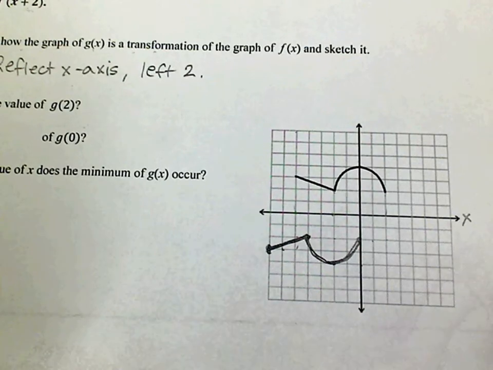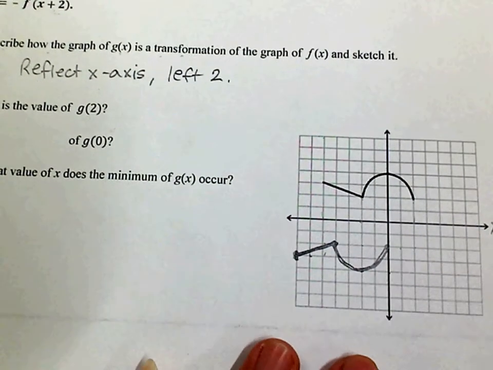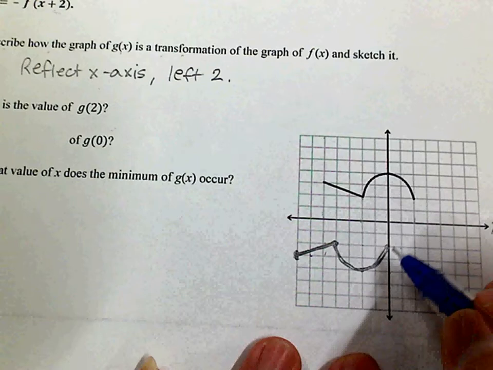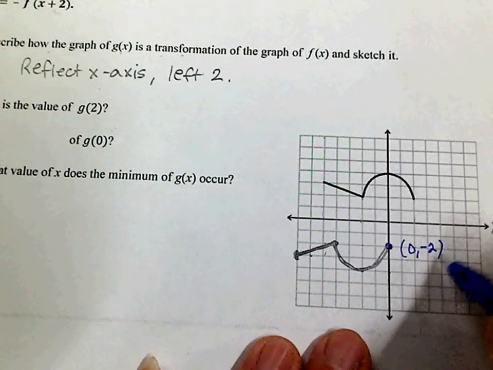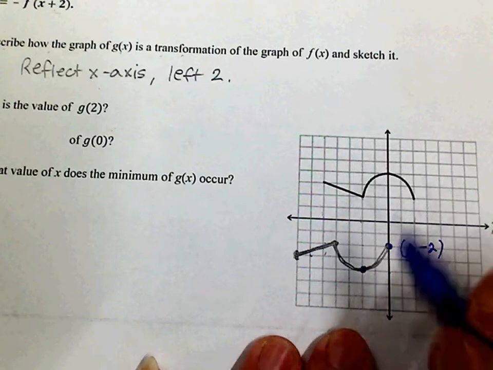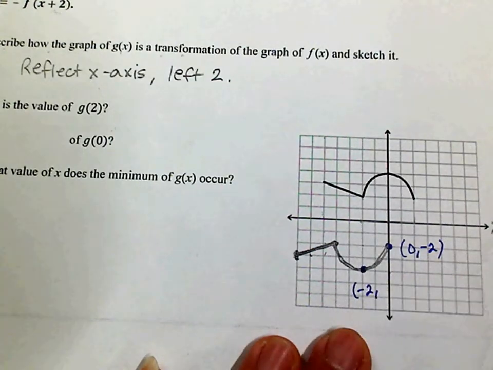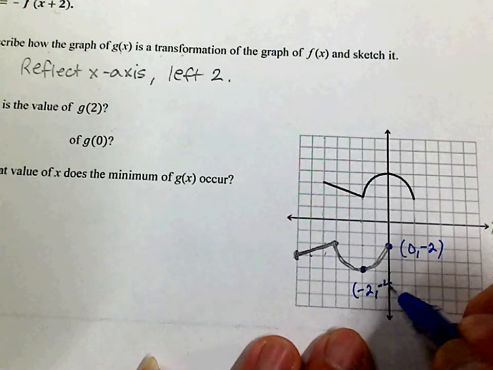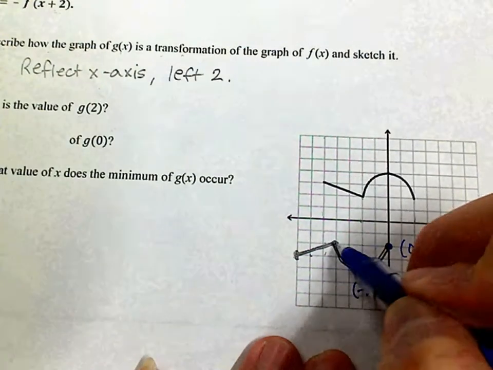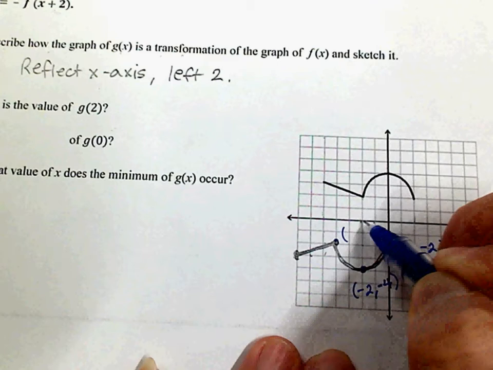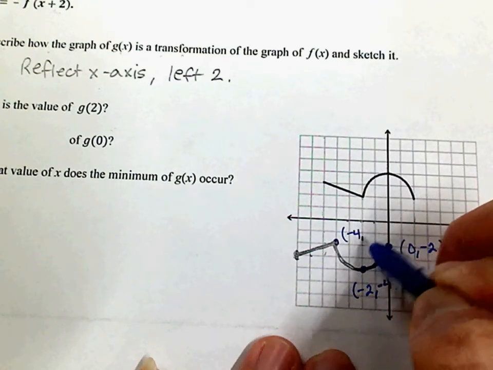After you do this, I highly advise you to write down your points. What is this point right here? 0, -2. What is this one? -2, -4. Okay? What is this one? -4, -2.